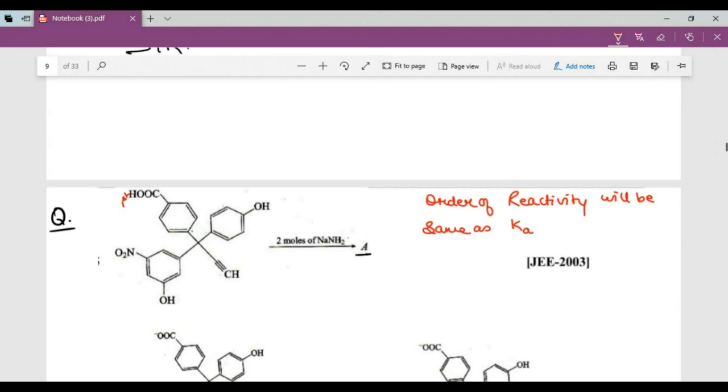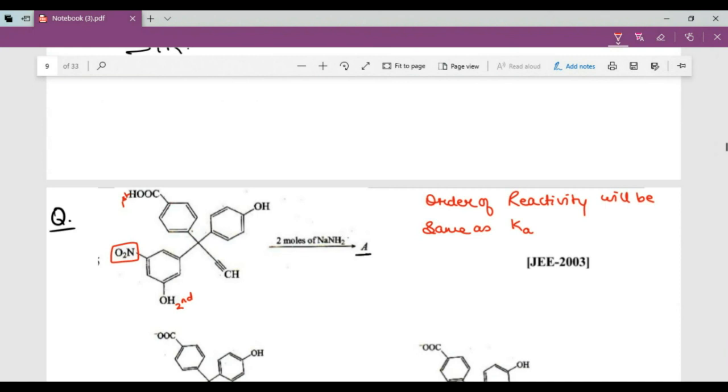First, this is going to be COO minus, carboxylic acid. Then I have two phenols, but this phenol has an electron withdrawing effect from this NO2, whereas this does not. Correct? So this has more delocalization. So this will be our acidic site number two.